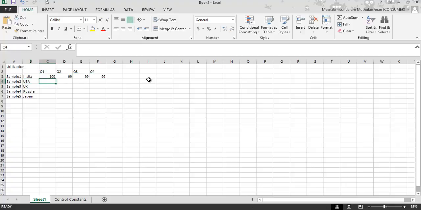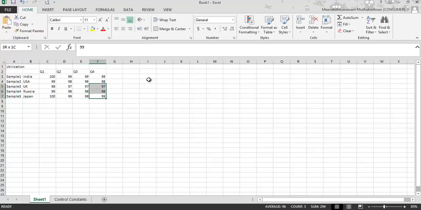For USA, let's say the first quarter is 99 and the rest of the quarters are 98. For UK, 98, 97, 97, 97. For Russia, 99, 98, 98, 98. And for Japan, 100, 99, 98, 99.